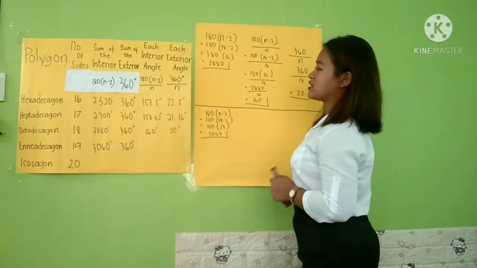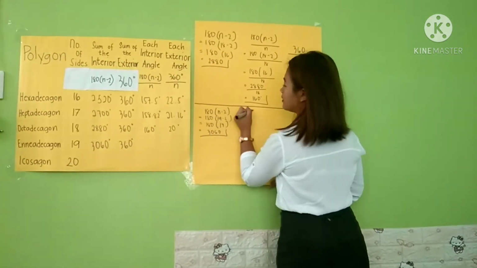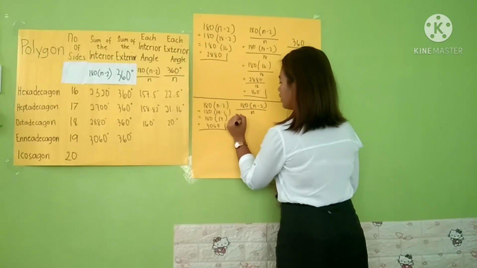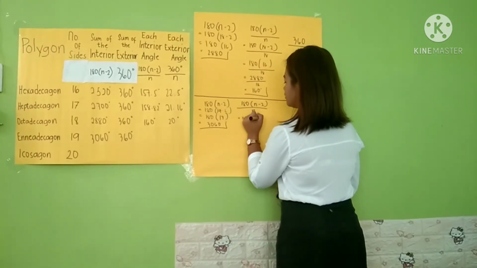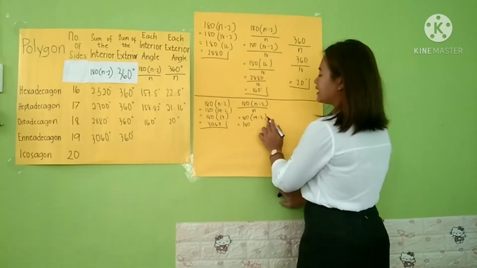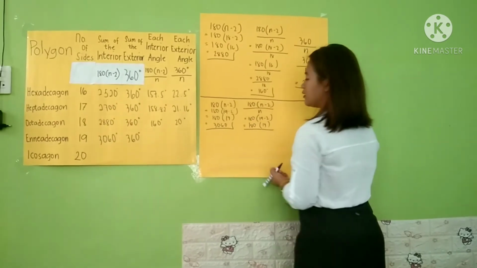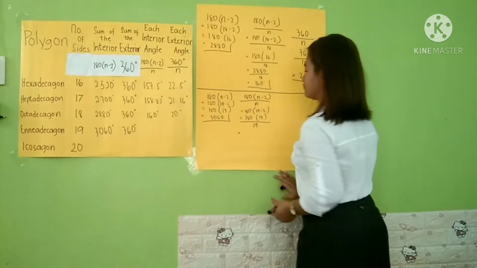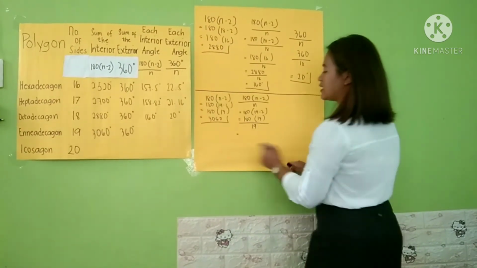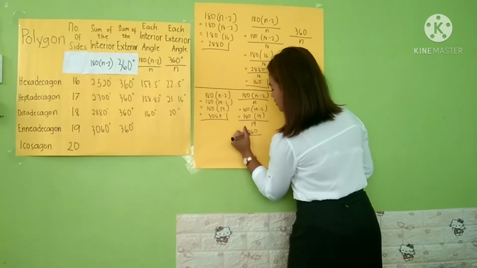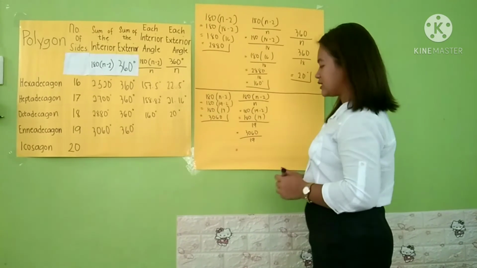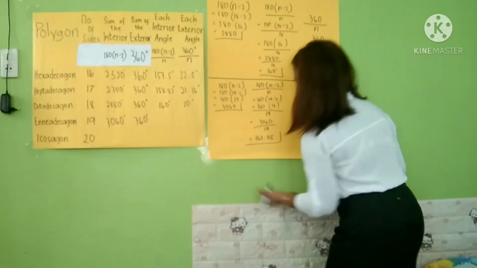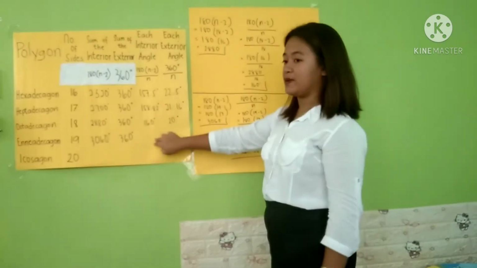To solve each interior angle, 180(n - 2) divided by n. n is also 19, minus 2. 19 minus 2 is also 17, divided by n, which is 19. 180 times 17 is 3060. 3060 divided by 19 is 161.05. We put it here in the table.